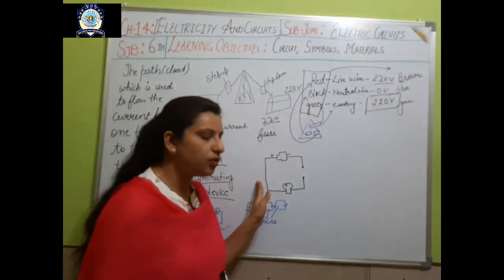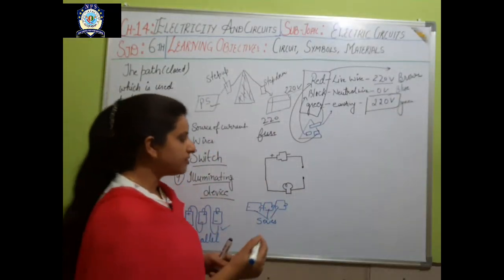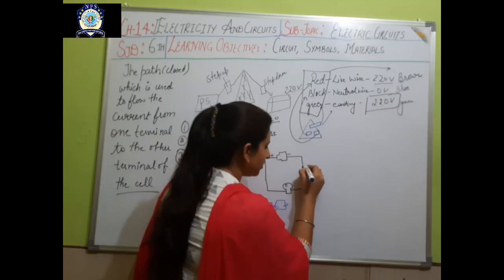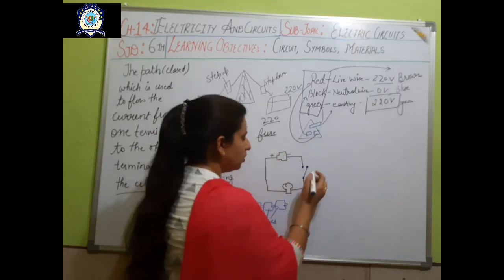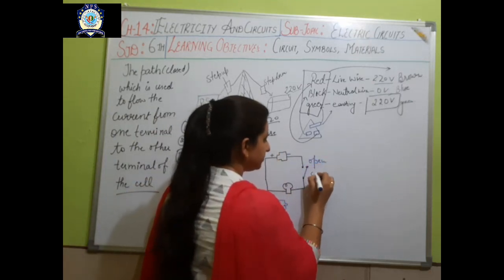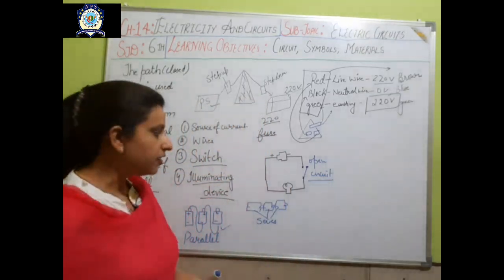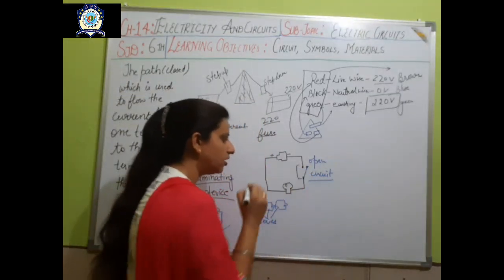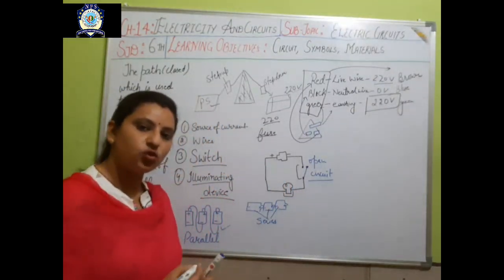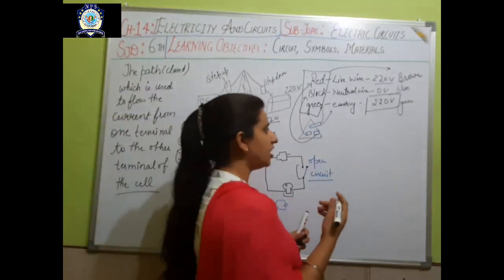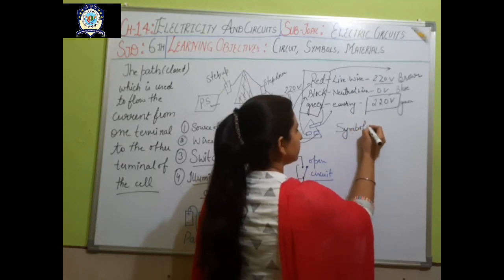Okay, so this is the diagram of the simple circuit I have made for you, and here you can see that this situation is the situation of the open circuit. Now again one question arises: why have I drawn such a thing for the switch and such a thing for the bulb? To answer this question, let me first clarify the symbols which are used to form the simple circuit.